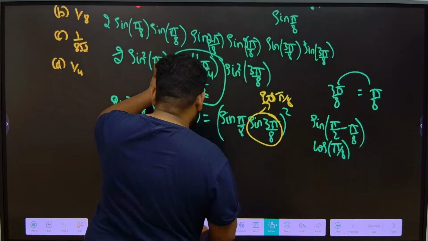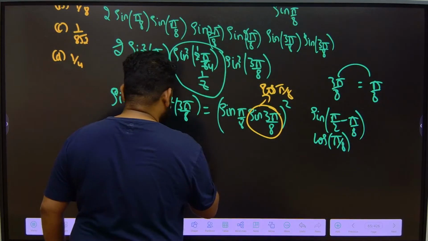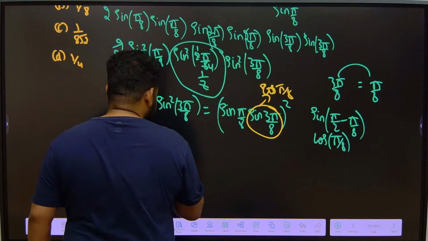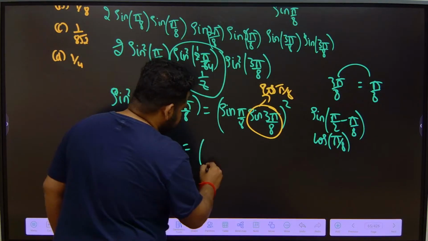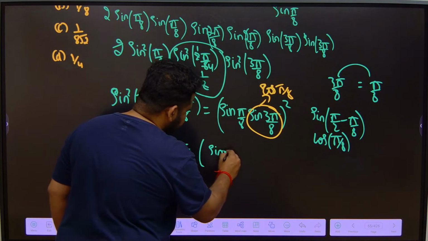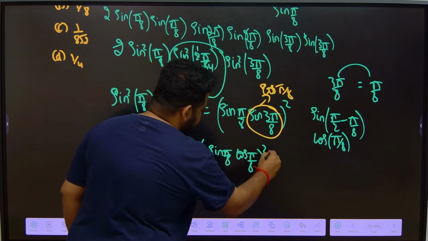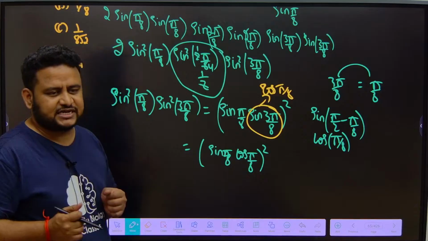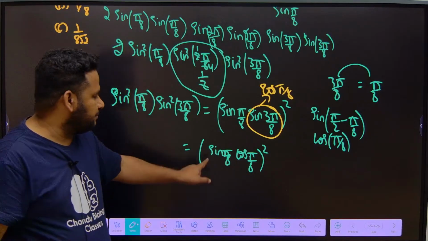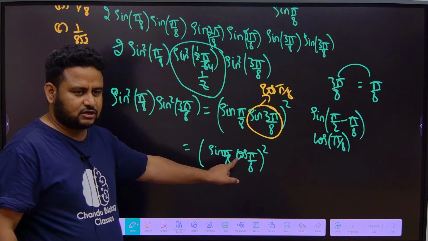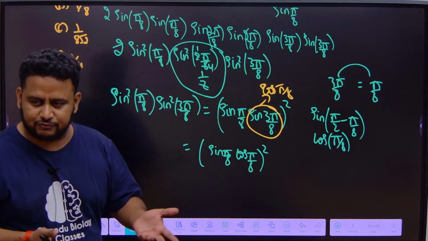Now what I got here is (sin π/8 into cos π/8) whole square. Like I told, if I want sin 2θ, I should have 2 sin θ cos θ. Here I am having just sin θ cos θ, so I can divide and multiply by 2. I will give 2 and take 2.